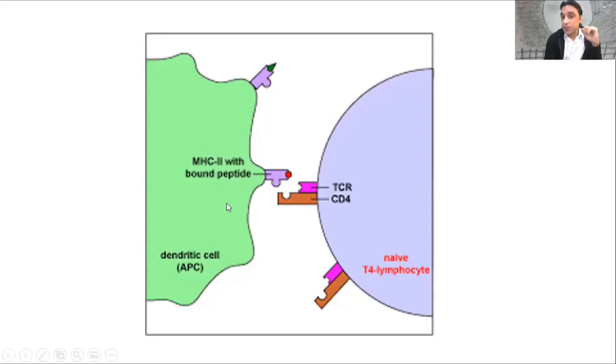The antigen presenting cells carry the major histocompatibility complex, and this is able to bind with the TCR. That is the place where communication occurs, where they can exchange information.